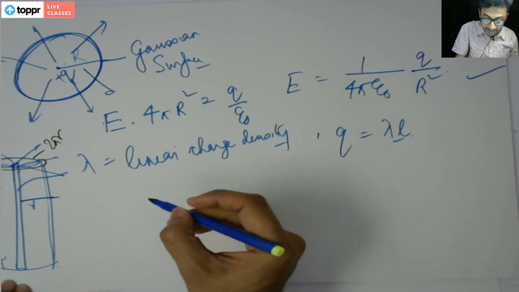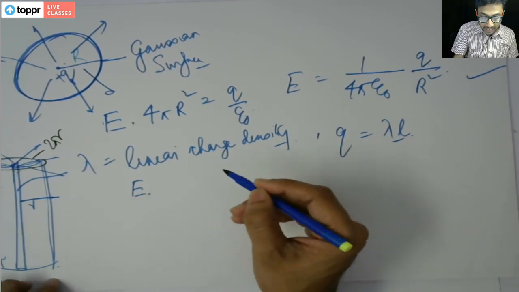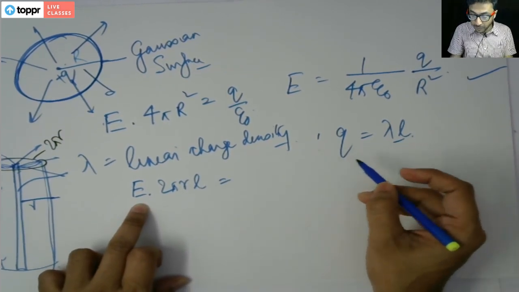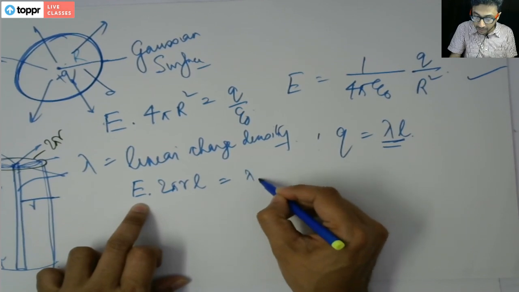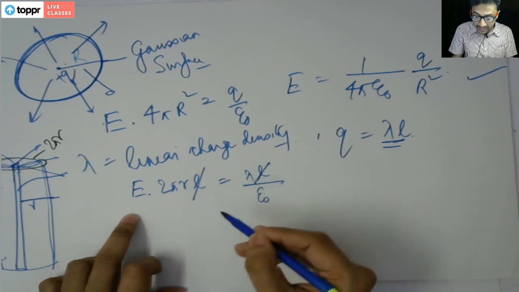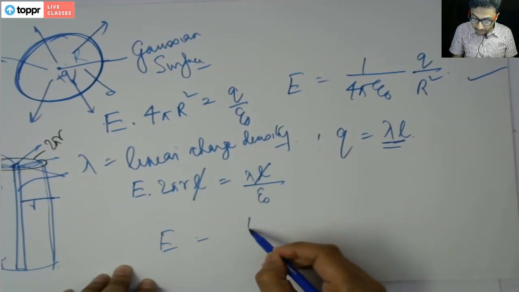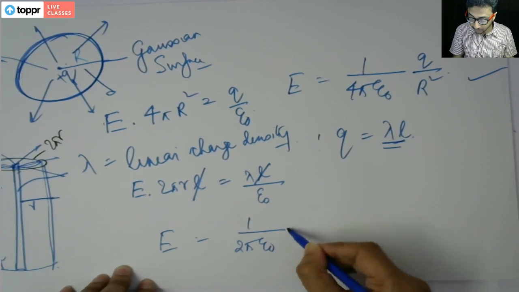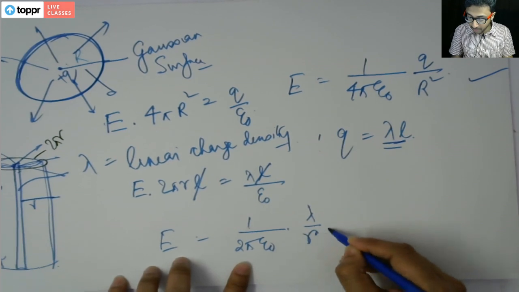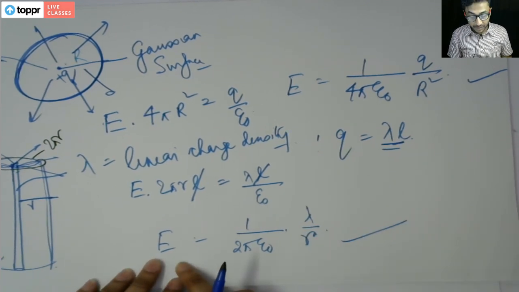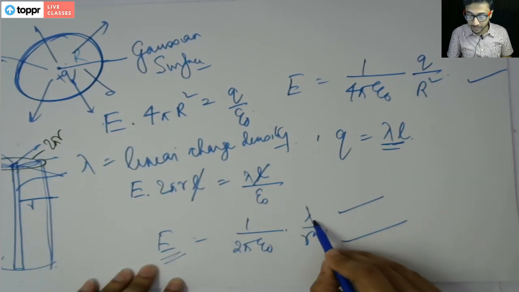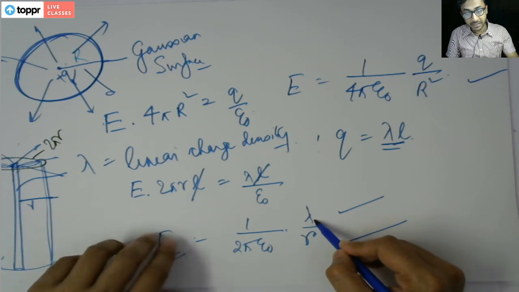The electric flux is E into 2 pi r into L, which equals the charge, lambda L, by epsilon 0. So L cancels out, and E becomes lambda by 2 pi epsilon 0 r. Understand? That is the electric field for a linear charge distribution, where lambda is the linear charge density.